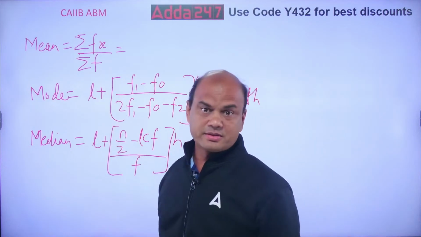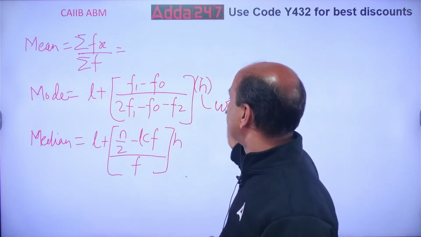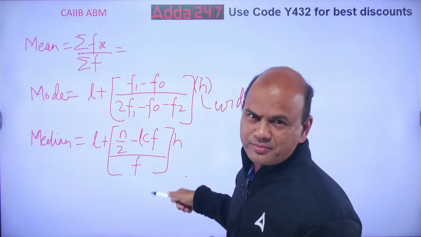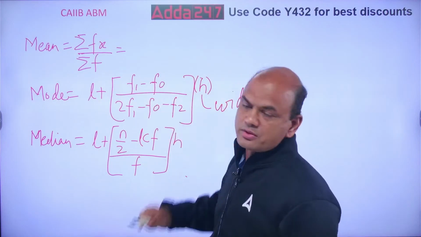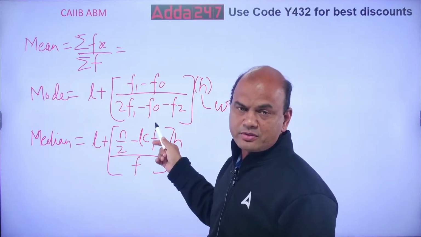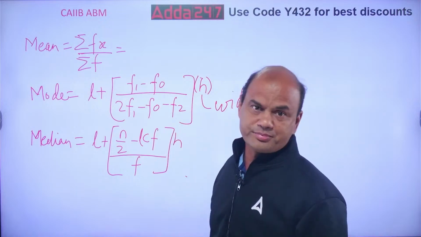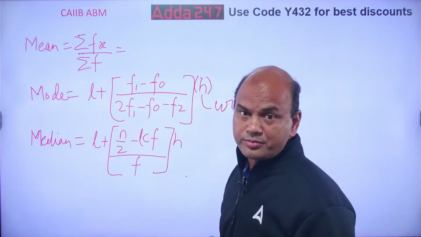Mode: L plus, now look at this. This is called width. Okay, this is width. W you can write, H you can write. Width into F1 minus F0 upon 2F1 minus F0 minus F2. What is this F1? What is this F0? What is this F2?